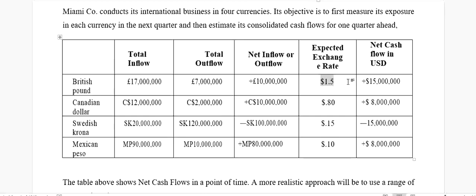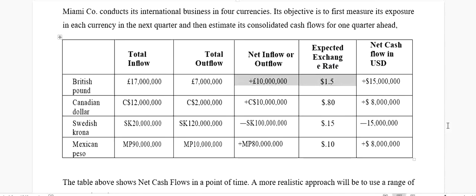That's the future expectation. So we have an expected exchange rate that in a quarter the pound value would be 1 pound equal to $1.5, and we expect to generate 10 million pounds extra over our expenses.